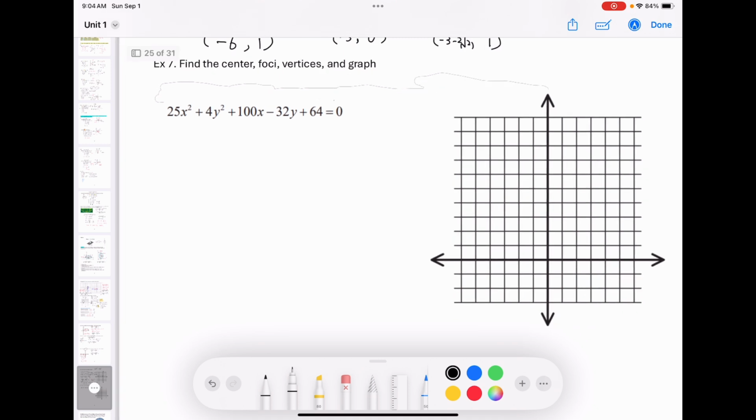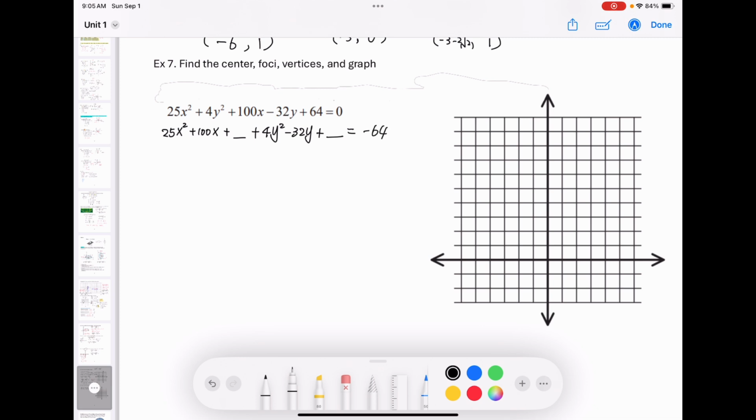Group all the x together: 25x squared plus 100x, then plus something, plus 4y squared minus 32y, and plus a blank. And move the 64 to the other side, we have -64.